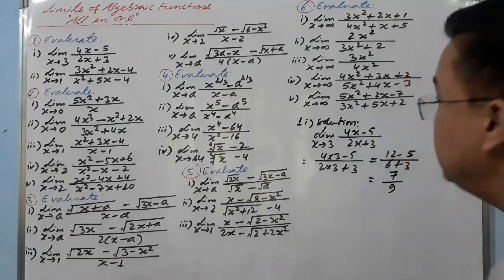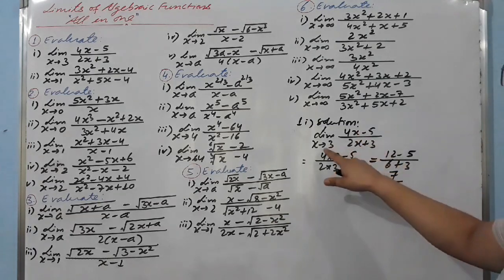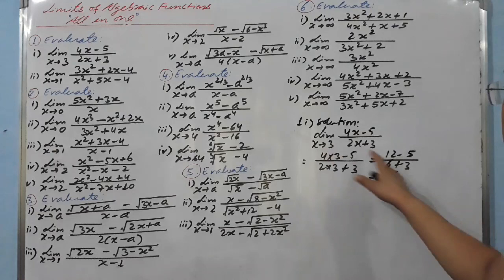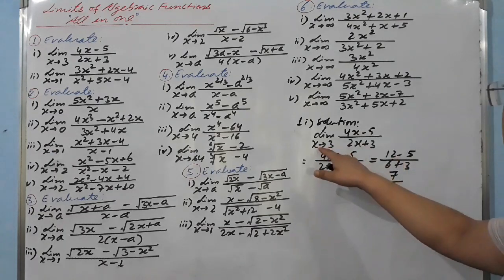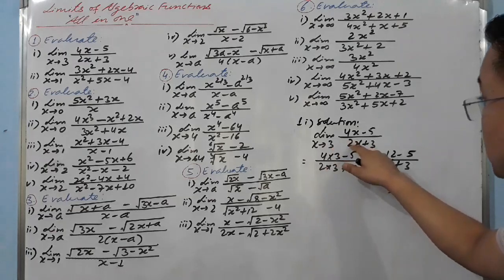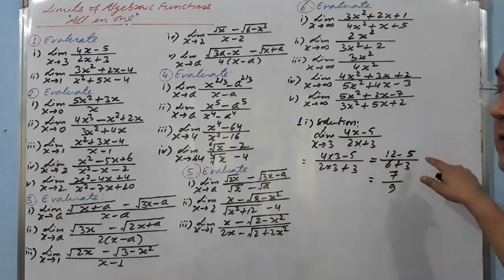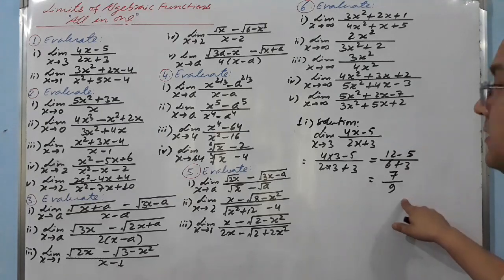So 7 by 9 is the limit of the function. You can also write it directly: when x tends to 3, 4x tends to 12, and 2x tends to 6. You can skip this step and write 7 upon 9 directly.